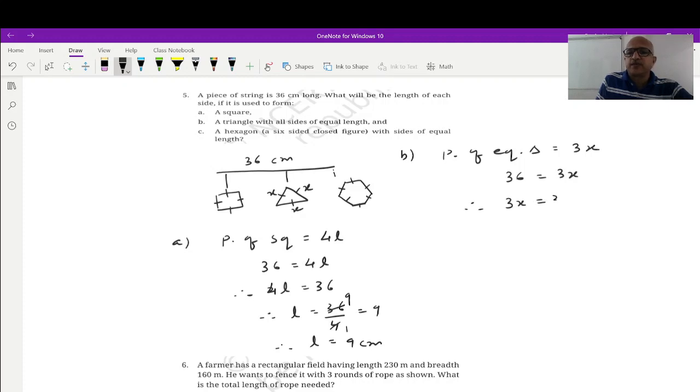So 3x is equal to 36. 3 is in multiplication, so that goes to division. So 36 upon 3. Now we can reduce this, 12. So that means length of each side is 12 centimeter.